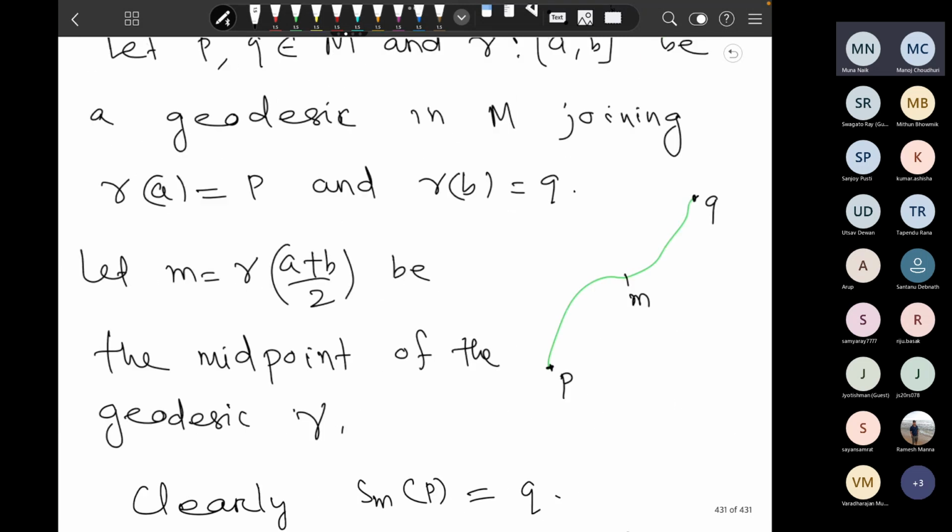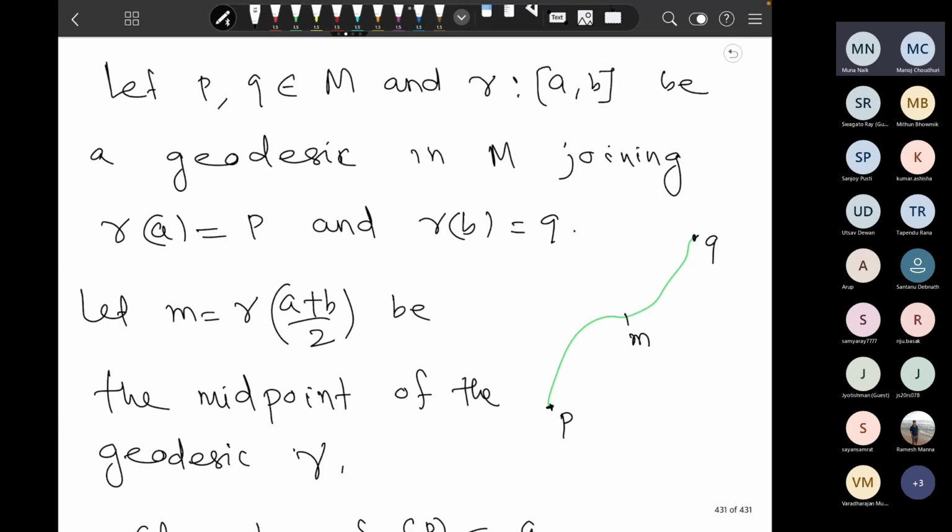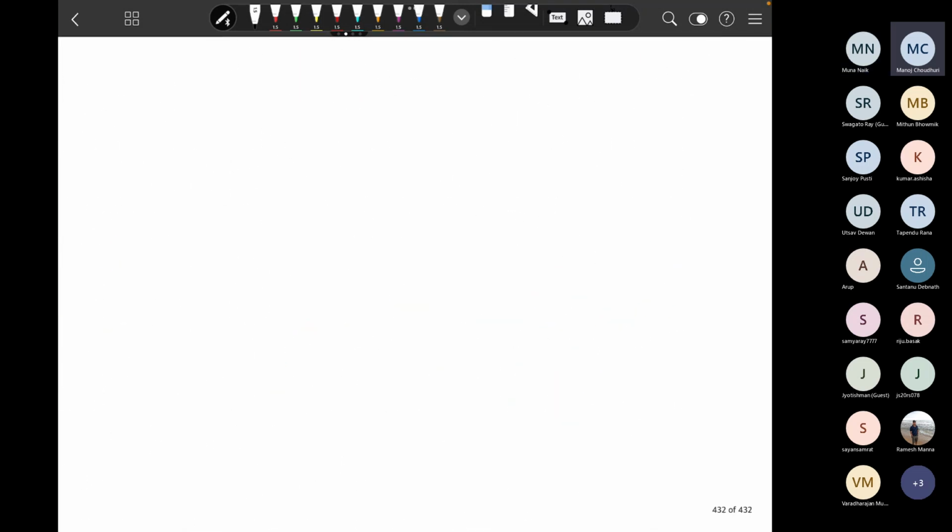This proof is also nice according to me. Now, Ushab, this proof is clear? Yes.